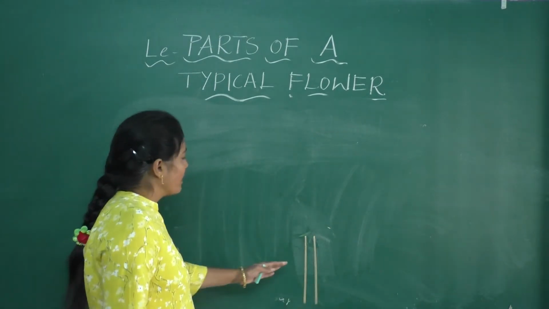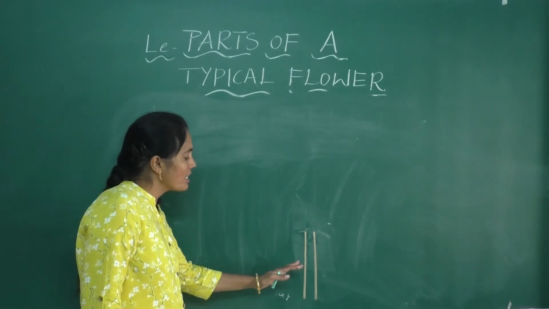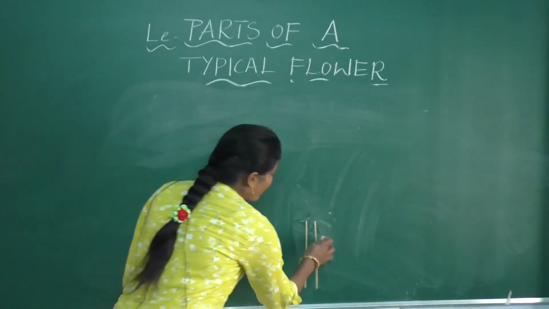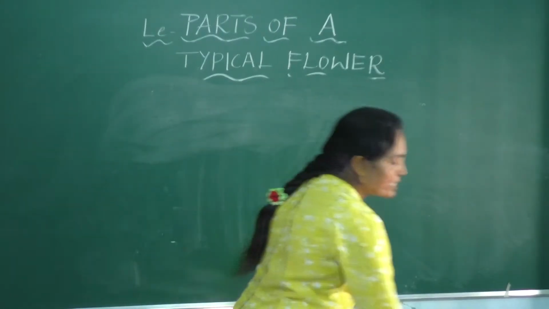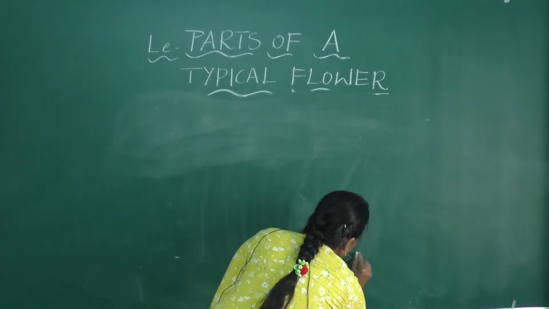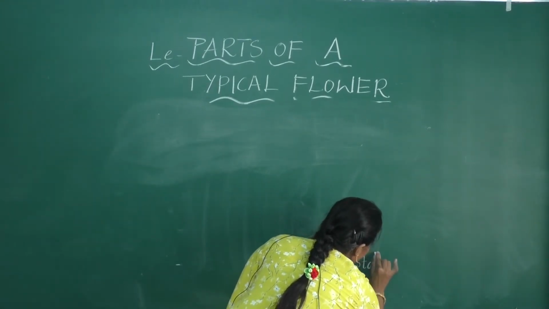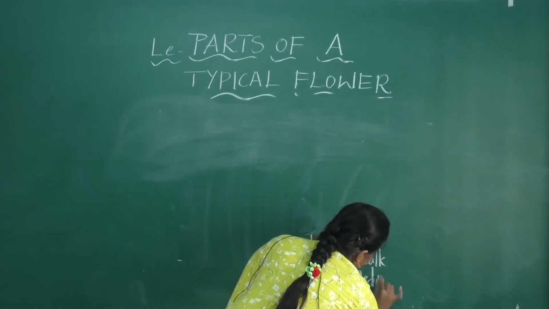The part where the flower is borne is called the stalk. This is the stalk. It is also called the pedicel. What is this part, children? Stalk or pedicel.